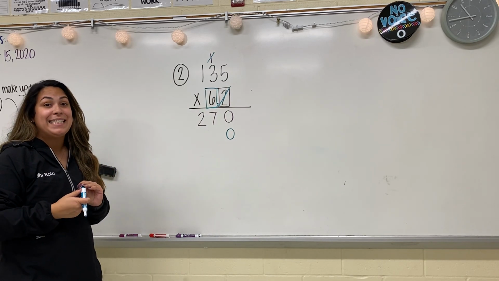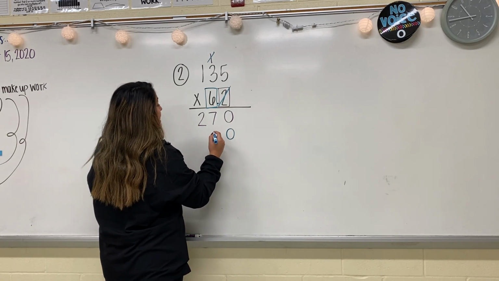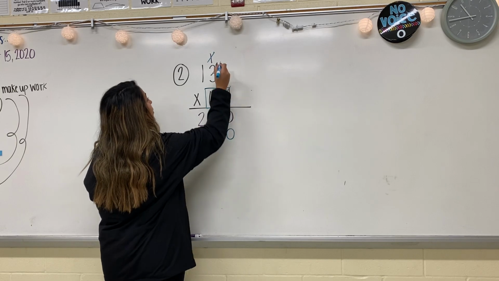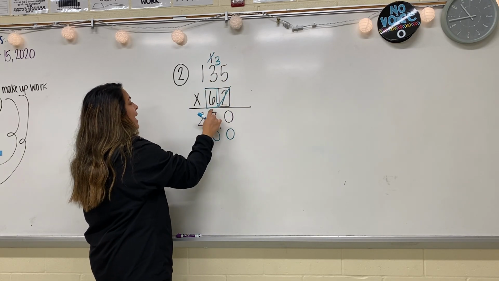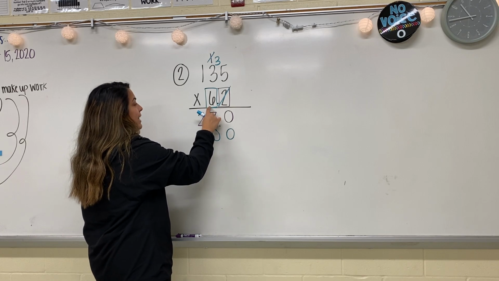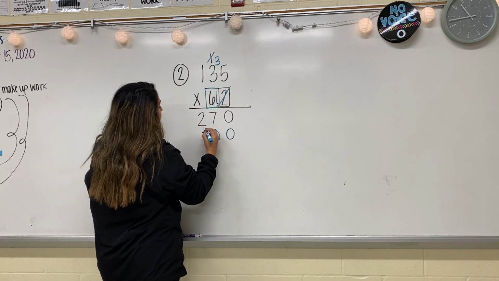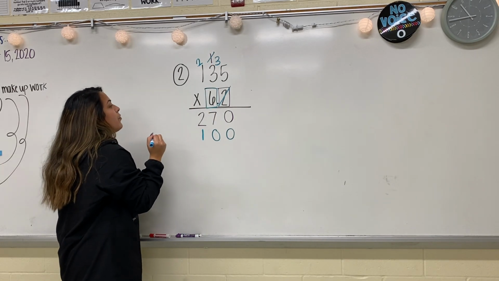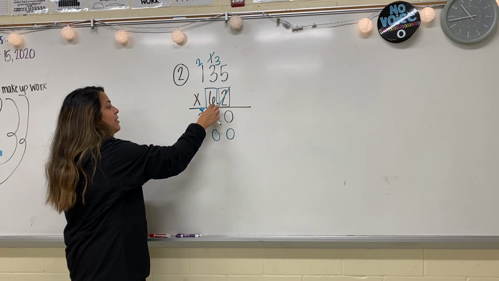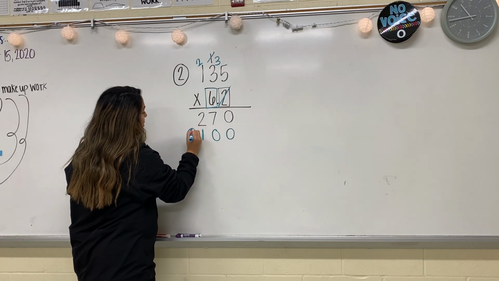So now that I have done that, I can multiply 135 by 6. 5 times 6 is 30. I'll put my 0, carry my 3. 3 times 6 is 18. 18 plus 3 is 21. I'll put my 1, carry my 2. 1 times 6 is 6, and then 6 plus 2 is 8.